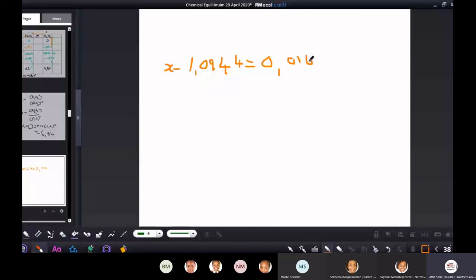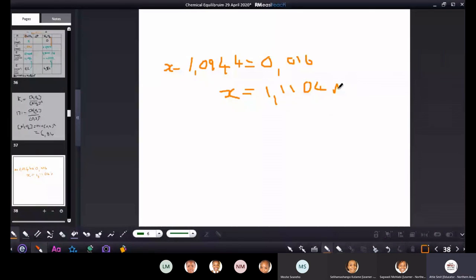Then we solve. So we take the 1.0944 plus the 0.016, and the answer is 1.1104, and that's the number of moles of NO2 initially.